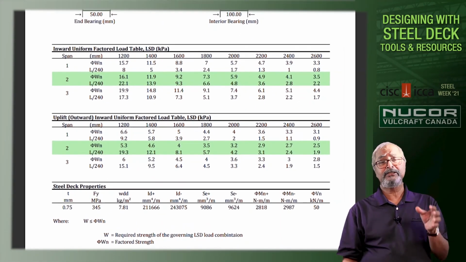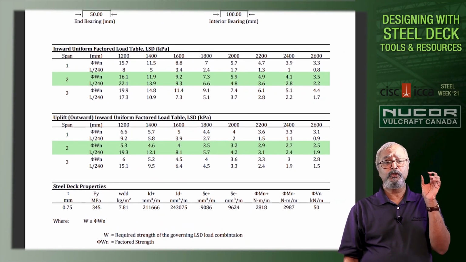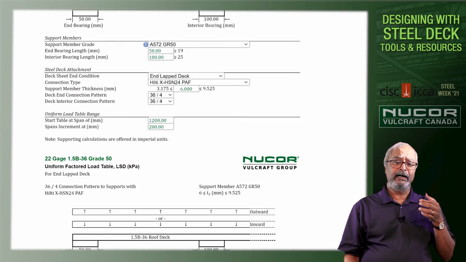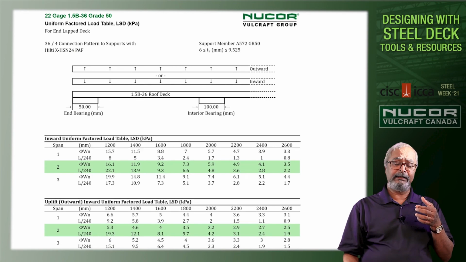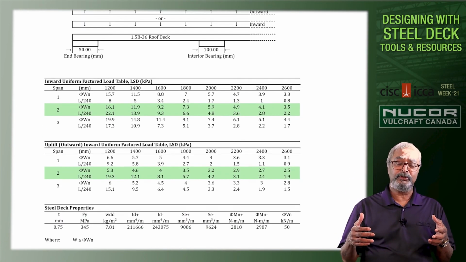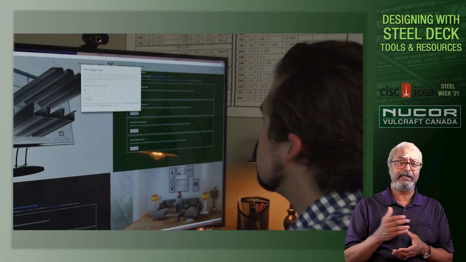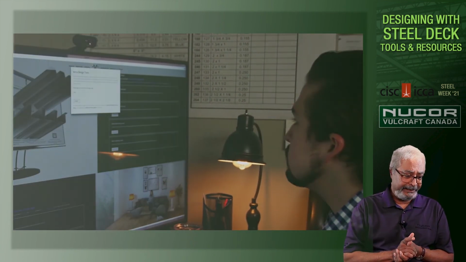So the advantage is, instead of having to stick to the predetermined deck in our tables, you can calculate and have it tailor-made for any particular specifications that you might have.